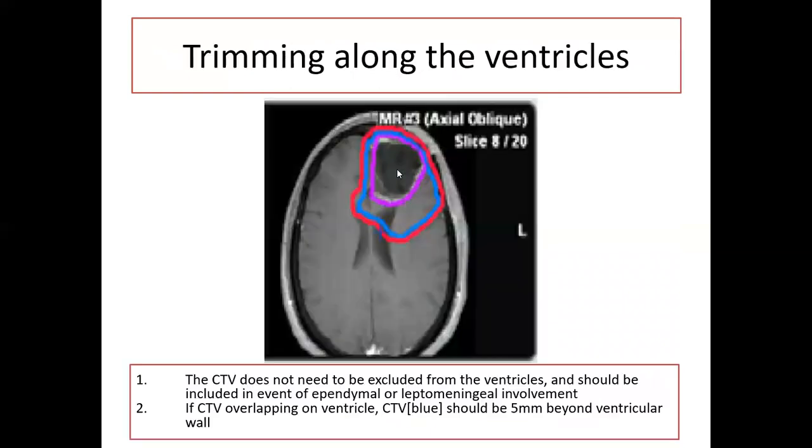If there is a ventricular area, you should include 0.5 centimeter of ventricular area if the CTV extends there. Beyond 0.5 centimeter, no need, and you can trim. So the CTV does not need to exclude the ventricle and should be included in the event of ependymal and leptomeningeal involvement. If the CTV is overlapping the ventricle, 5 mm beyond the ventricular wall should be taken.